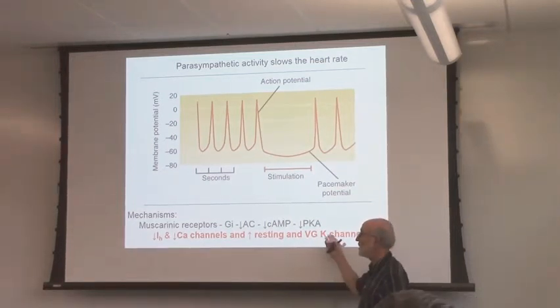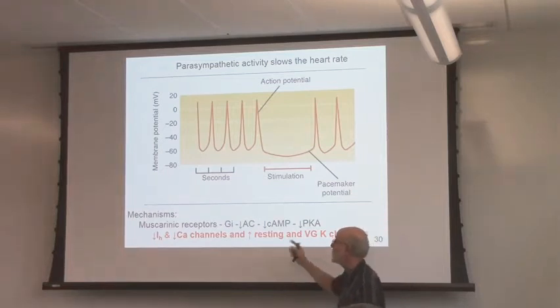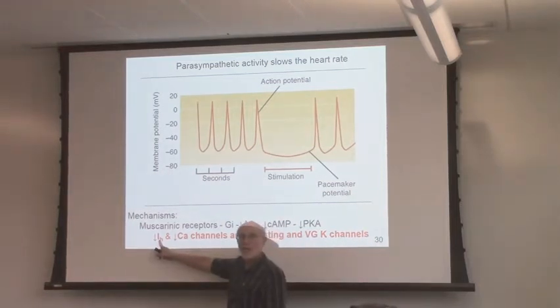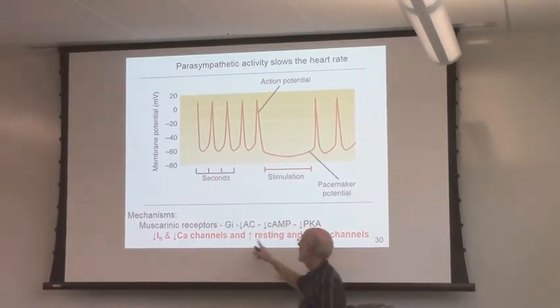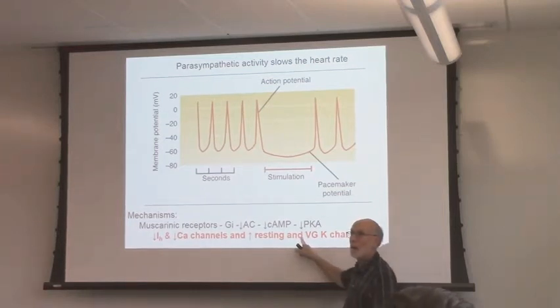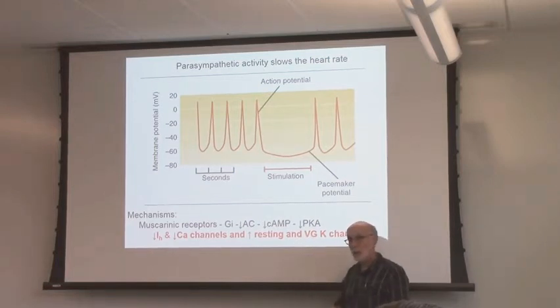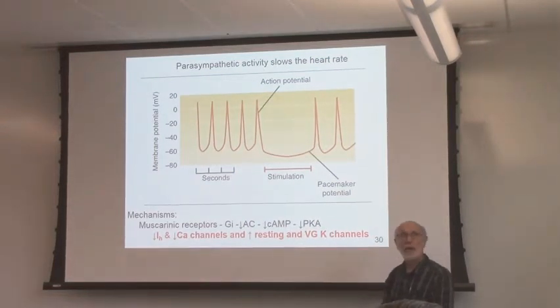So this does all three of those mechanisms: a slower pacemaker potential, a raised threshold, and a more negative maximum polarization, a more negative hyperpolarization. All three of those things do the slowing of the heart rate during the parasympathetic nervous system.